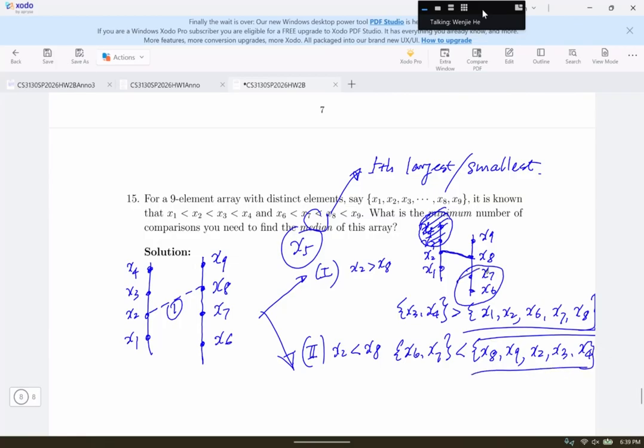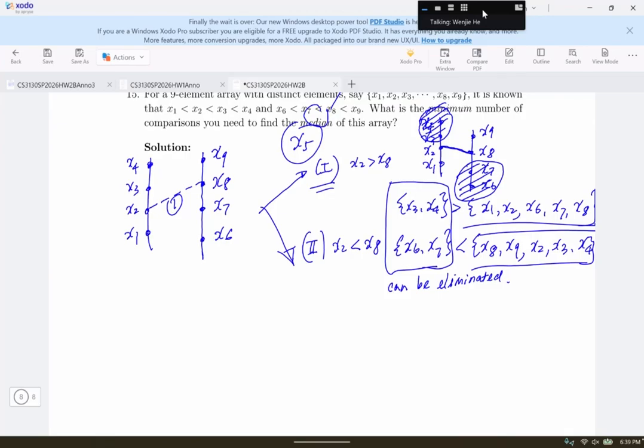So these two cannot be the median. That means these 4 elements can be eliminated. That's case 1.